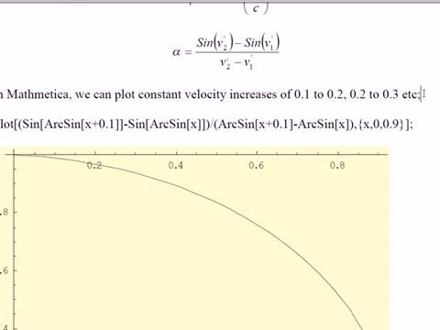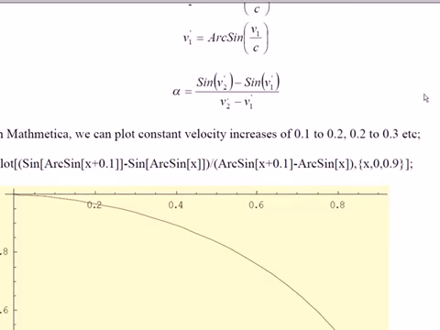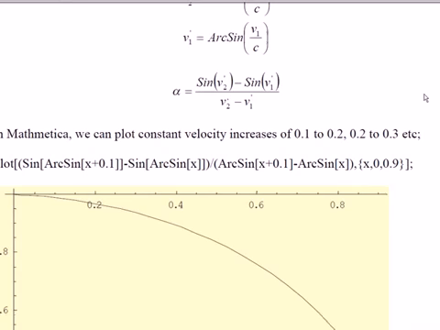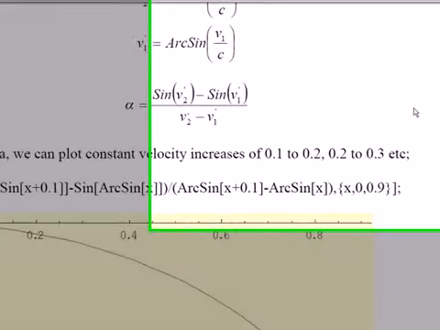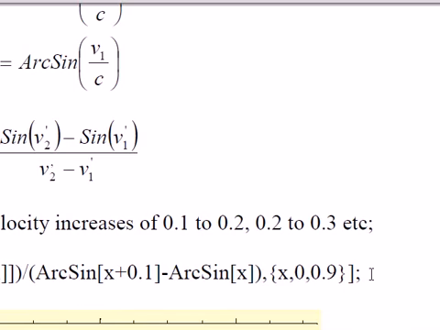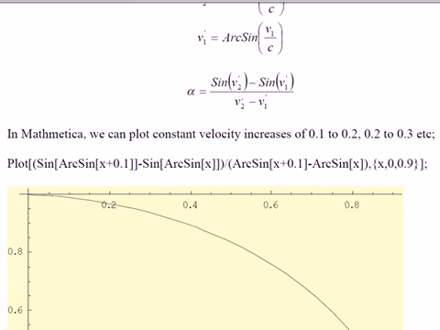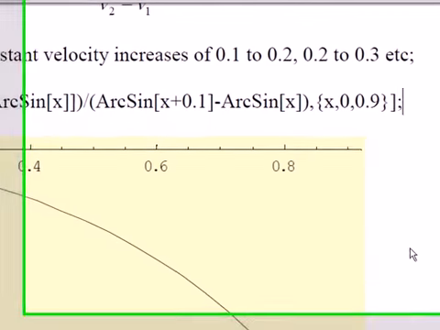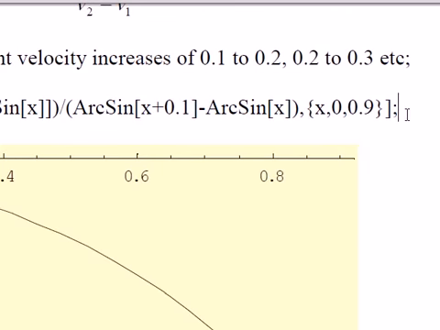So what you can do with this idea in pi space is put in the sine and the arc sine here, from this Mathematica expression, and you can put this expression in yourself and plot the nonlinear nature of the curvature.